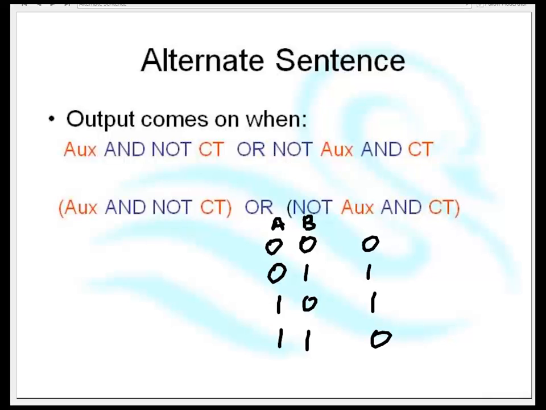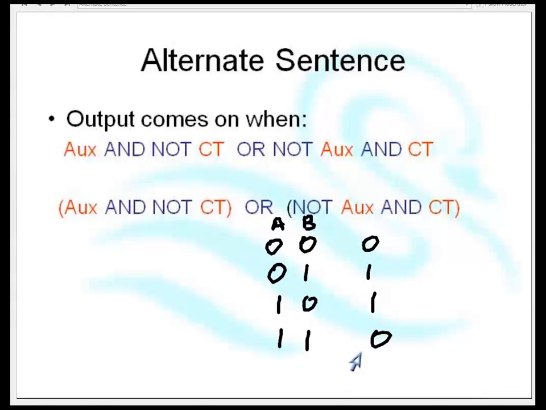So another sentence that will describe when the output comes on is that the output comes on when the auxiliary is on but the CT is off, or when the auxiliary is off and the CT is on.